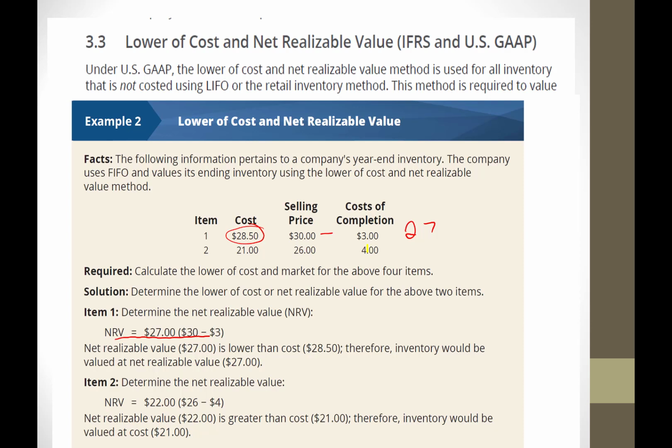Net realizable value is lower than the cost, so it's carried at net realizable value. Thank you, God. Except they had to keep that lower of cost or market thing in there for us, for U.S. GAAP, LIFO, and the retail inventory method.